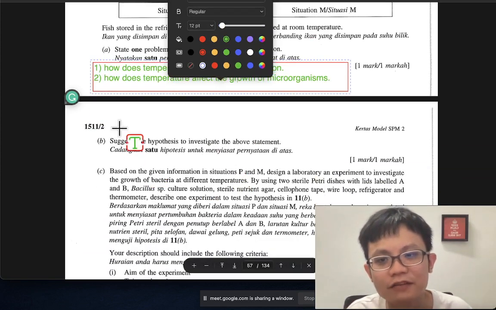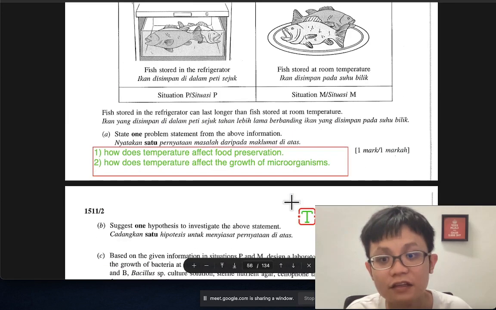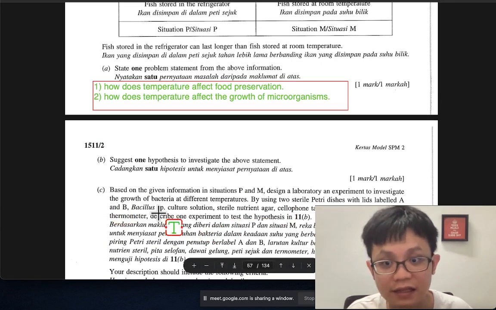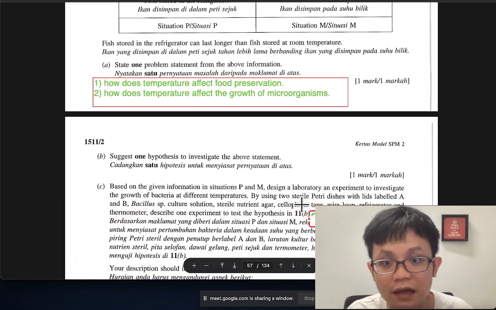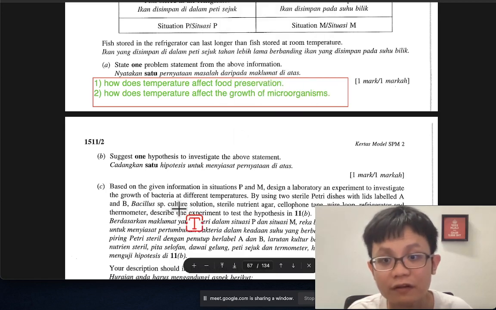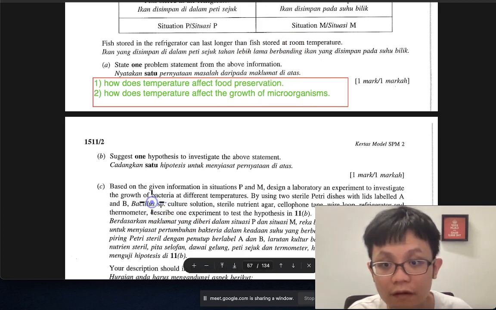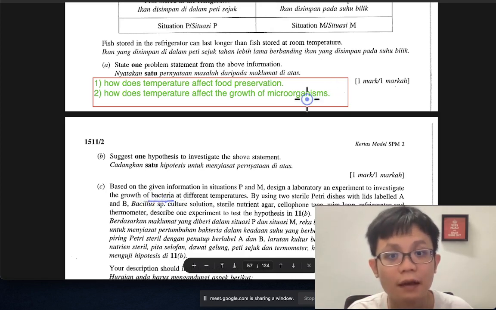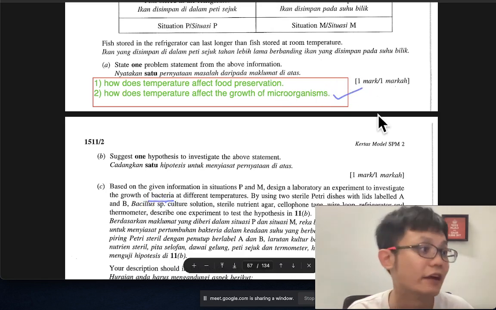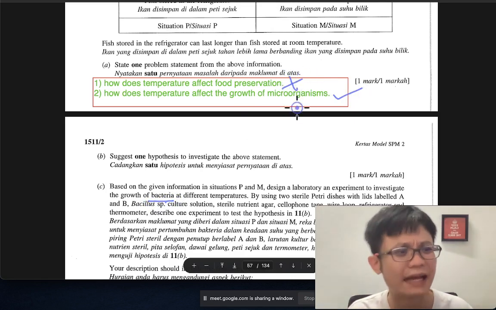So you have to use your own judgment a bit. That's why I read the following question, because the first question didn't mention anything. But as you read in question C, it states that the experiment investigates the growth of bacteria. So now we know that the question is talking about the growth of bacteria. So either the word microorganism or bacteria will be the most suitable, and this one is not suitable, though I think it's correct.